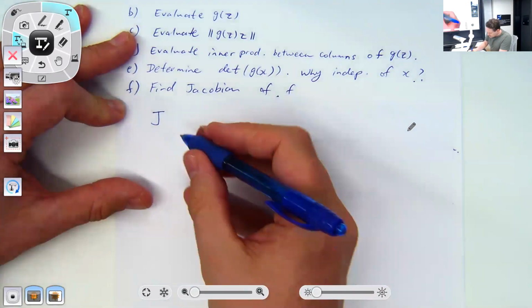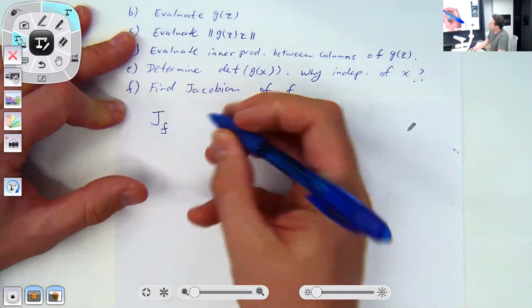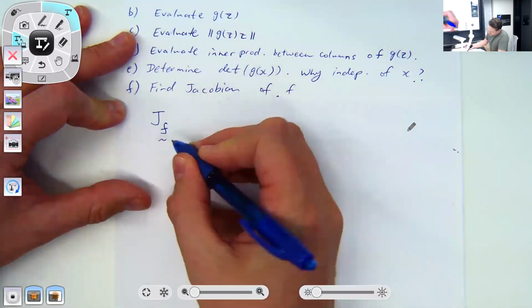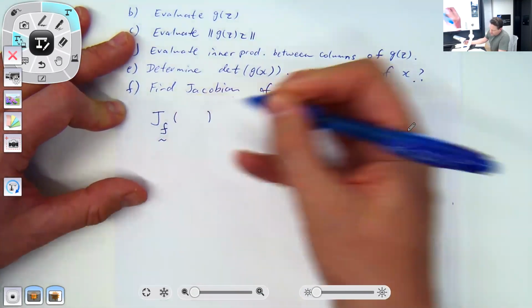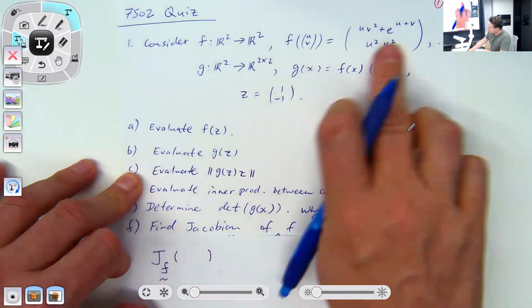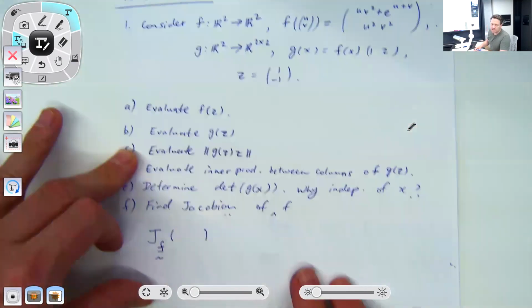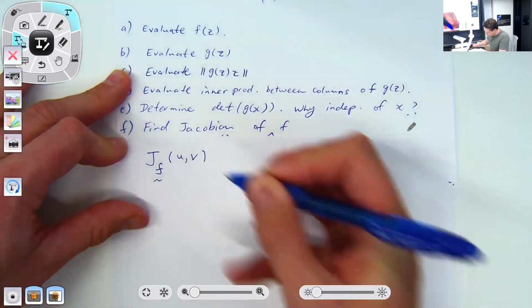I put a J and then a subscript of the vector function, with a tilde there because it's a vector function. Then the point I'm evaluating that at. Because the u, v are there, I'm going to keep the u, v there just to make it clear. So we'll evaluate this at u, v.